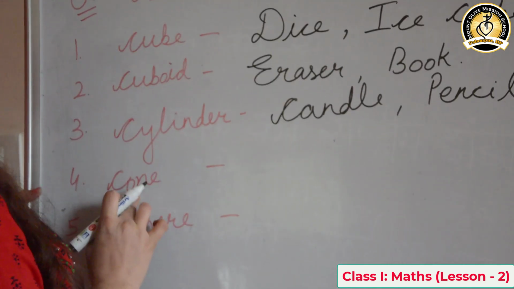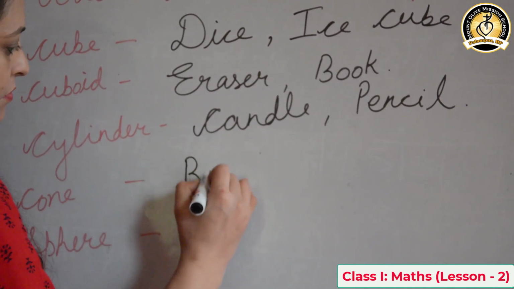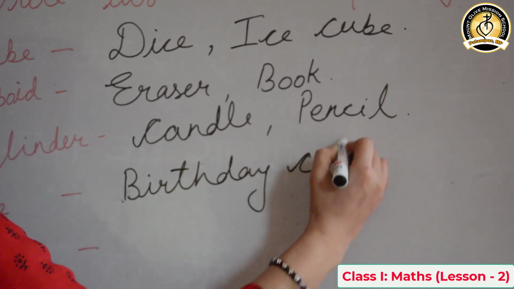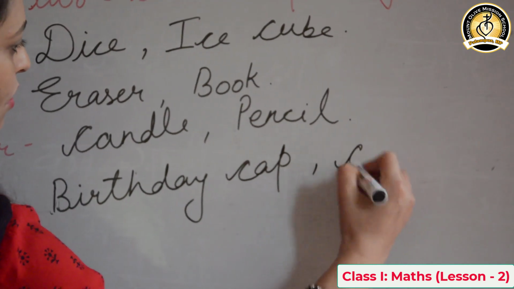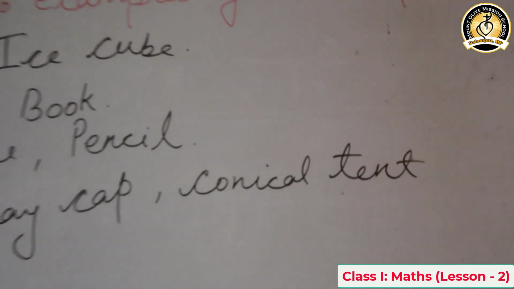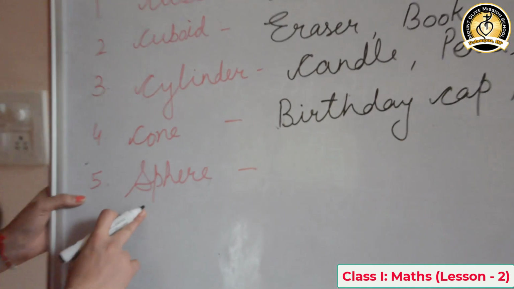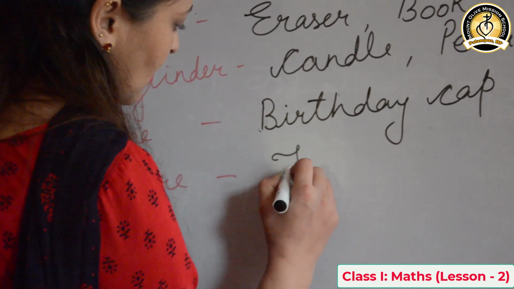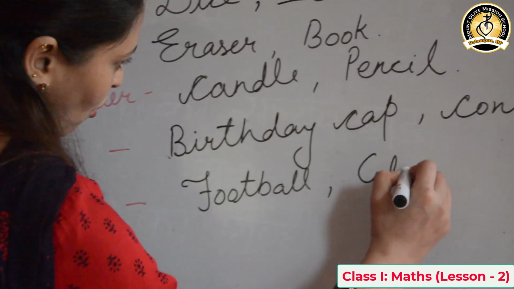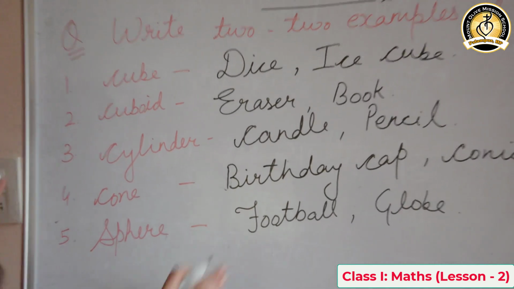Number 4, cone: birthday cap and conical tent are examples of cone. Number 5 and last is sphere. Examples of sphere are football and globe. So students, learn these shapes and their objects.